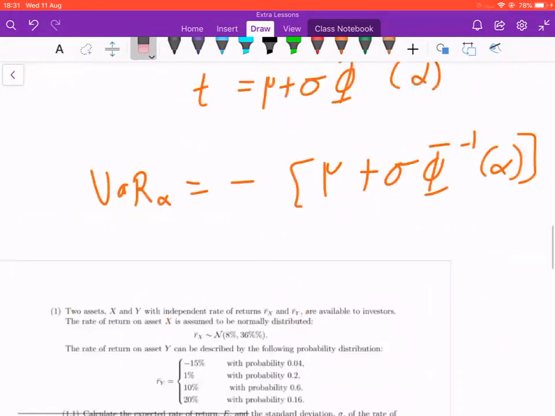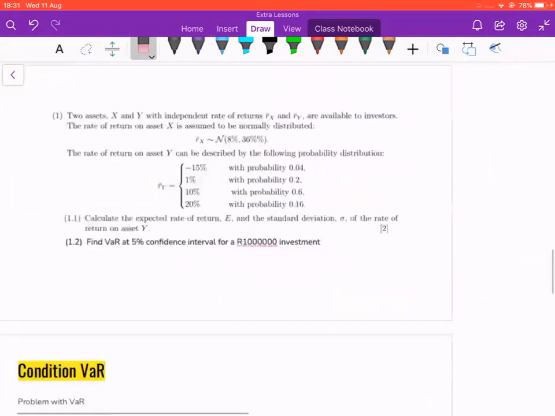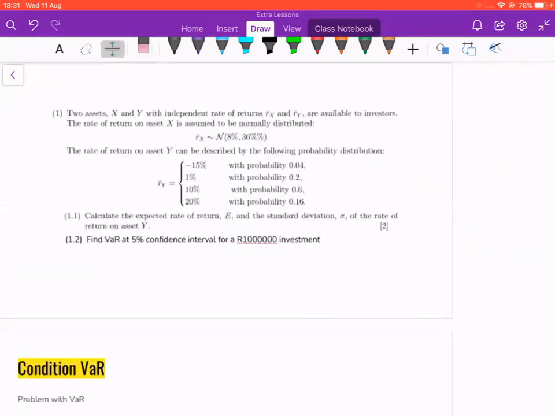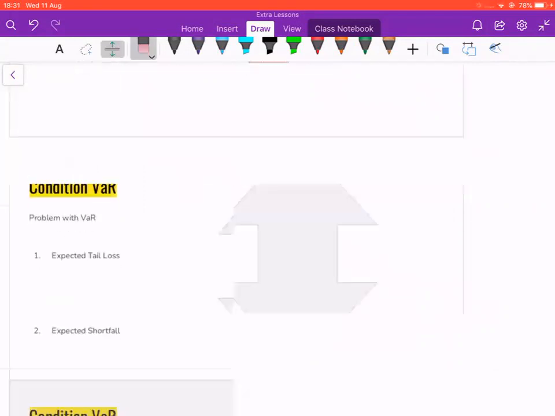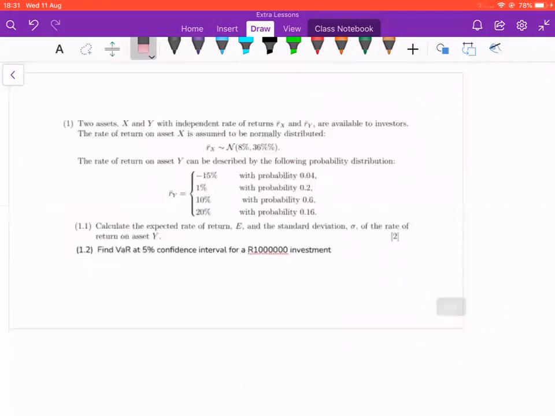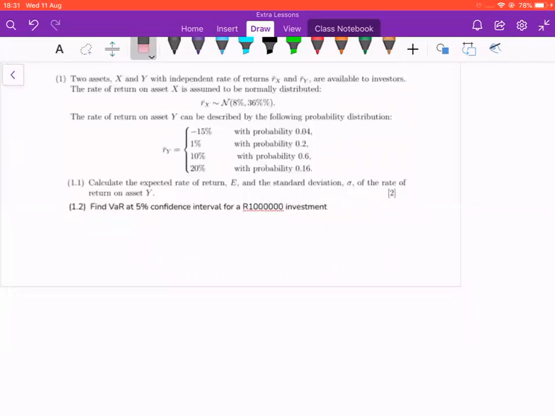So anyway, for those people whom we are repeating this session, we did continuous last time. I did not do discrete, so I am going to start with discrete, right? Again, we're going to look at y.